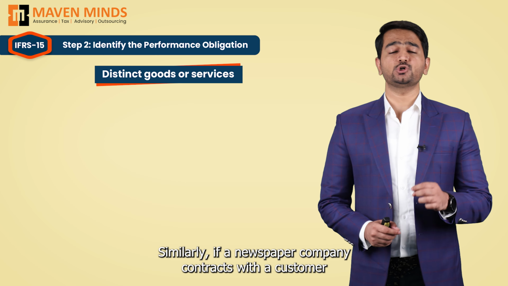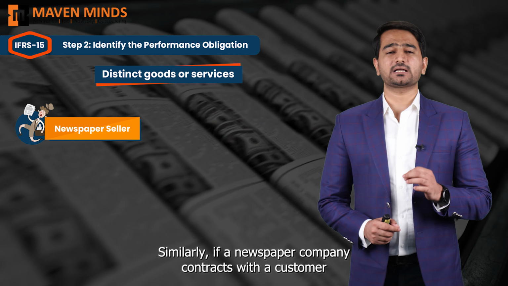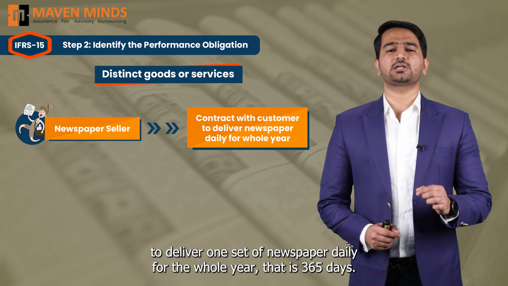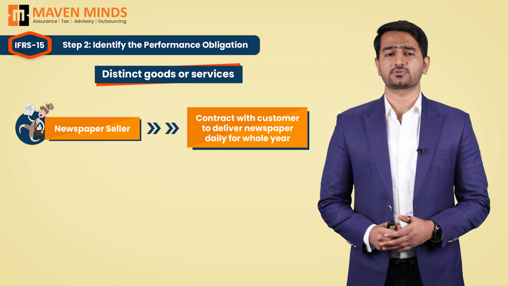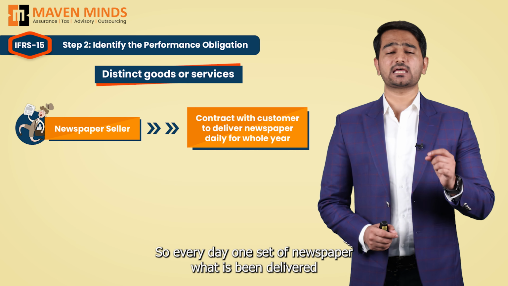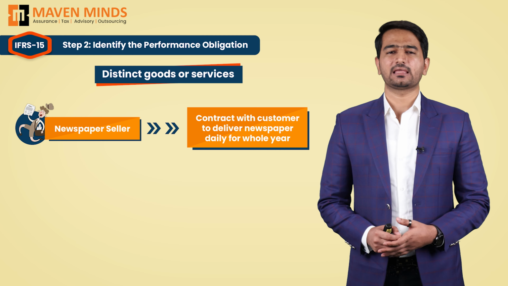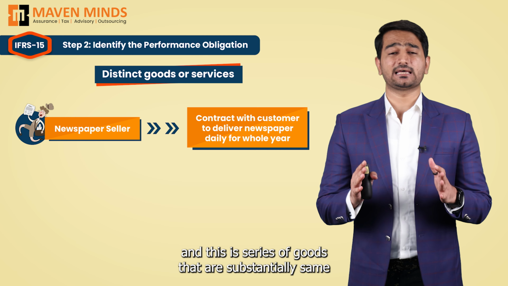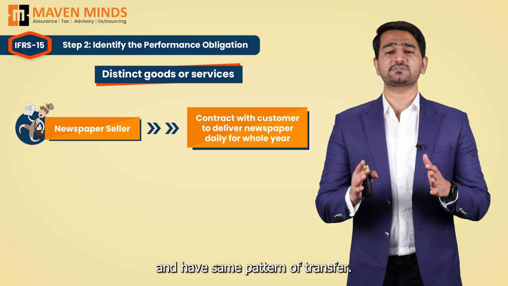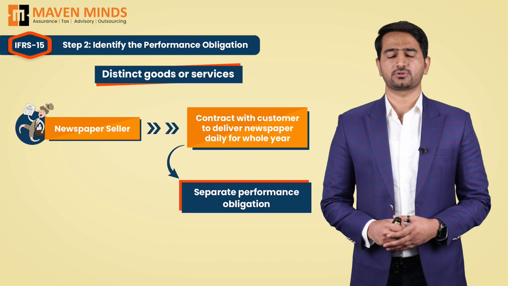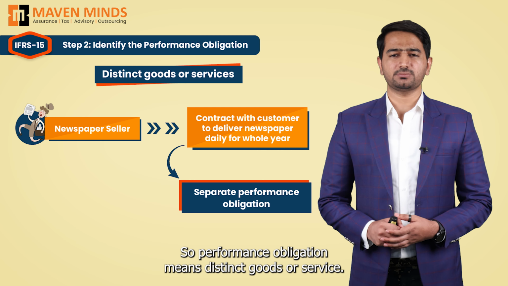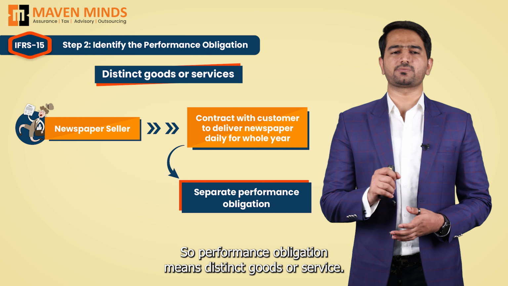Similarly, if a newspaper company contracts with a customer to deliver one set of newspaper daily for the whole year, that is 365 days, so every day one set of newspaper is being delivered, and this is series of goods that are substantially same and have same pattern of transfer. So this is the separate performance obligation. So performance obligation means distinct goods or service.